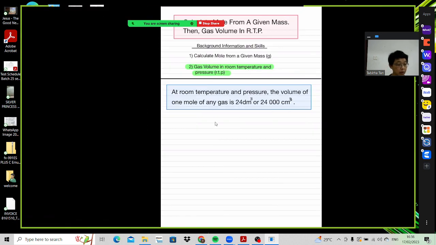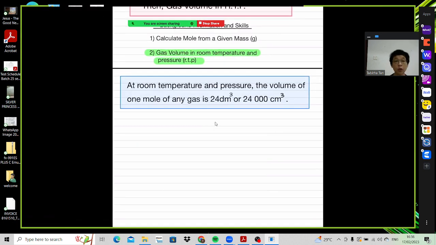Now the second skill that we need to make sure you acquire is to know the gas volume at room temperature and pressure, and usually it is shortened into RTP. In the exam it will appear as RTP, but at times it may type out the whole words, room temperature and pressure. And now I have put it down here. There's only one statement that all of us need to remember.